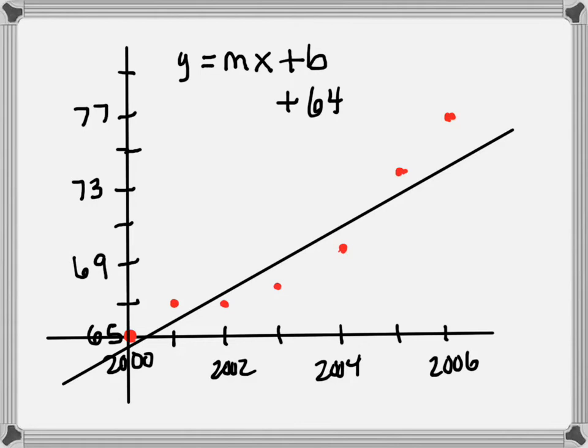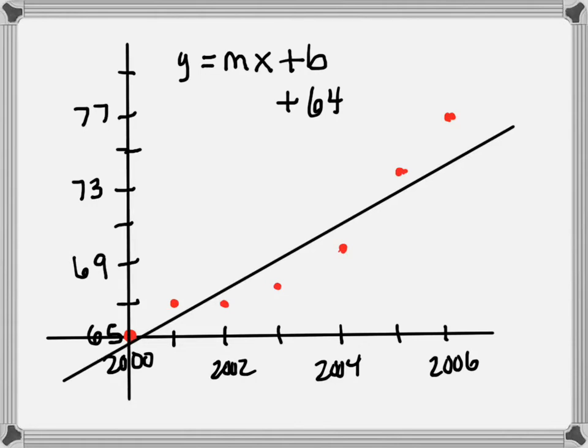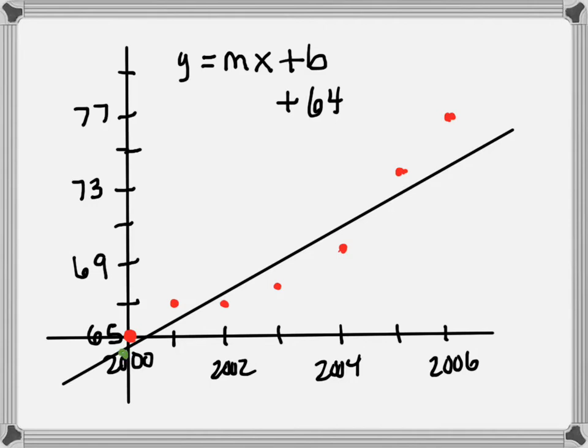Now I am assuming from my graph that this point right here was the year 2000, and the y value of 64. So I can pick another value. Let's say I pick right here the year 2001. Looks roughly like a y value of 66.